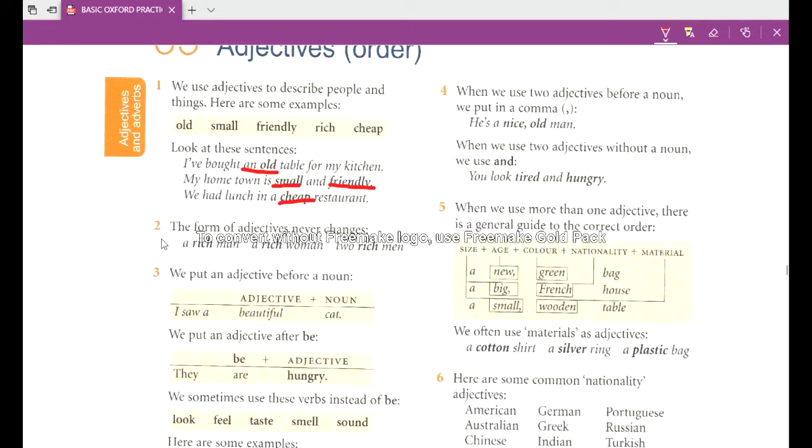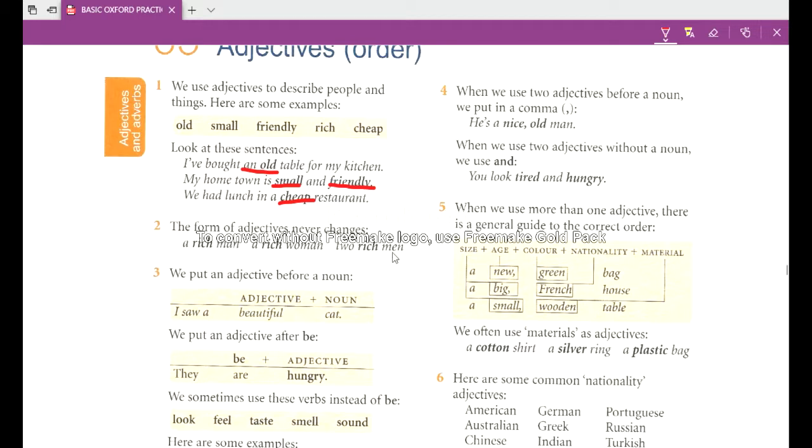Point number two, the form of adjectives never changes. I have a rich man, a rich woman, and two rich men. If you want the plural, we form it with cardinal numbers and the plural of the nouns.